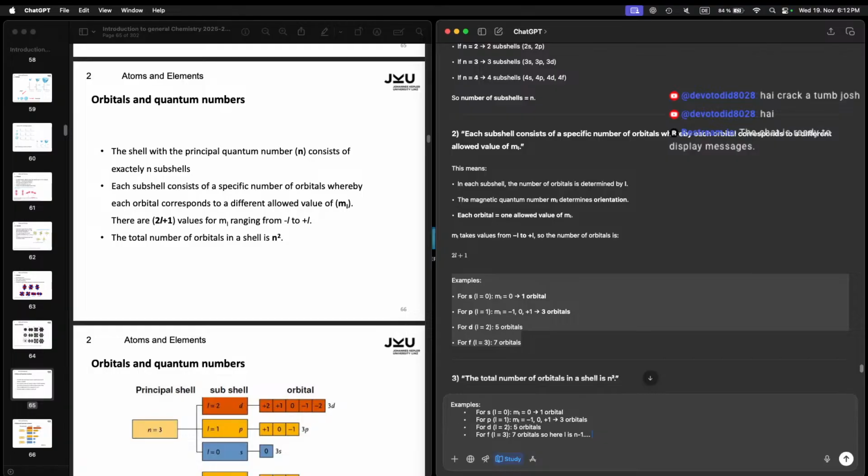Minus 1, and this basically shows the spin of the orbital, or the magnetic spins in that subshell.